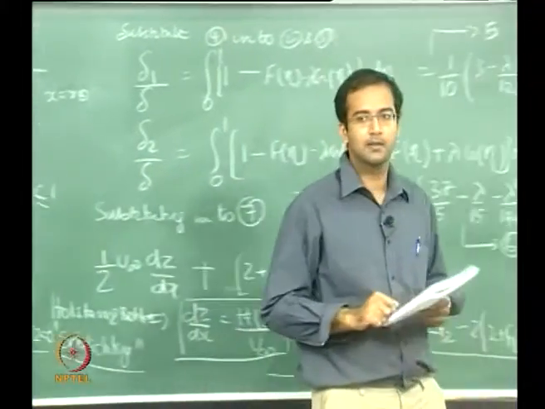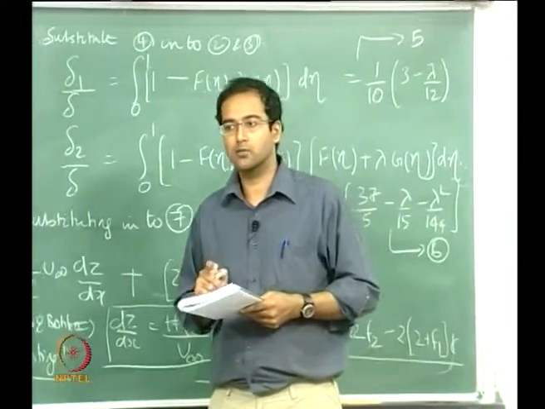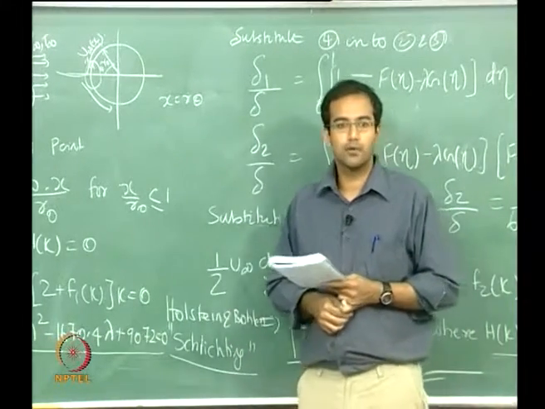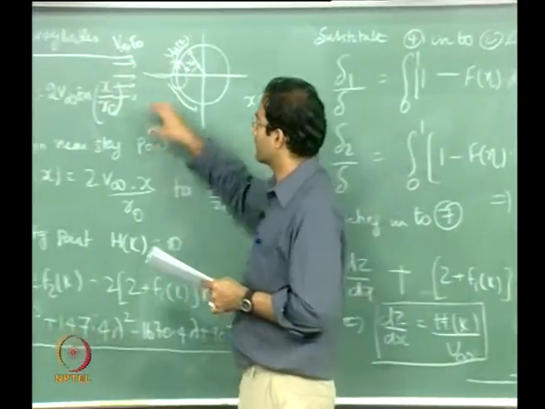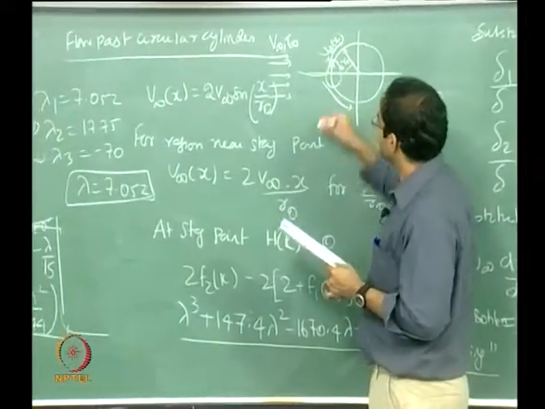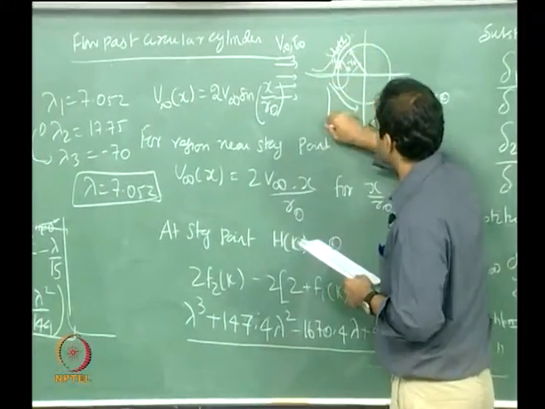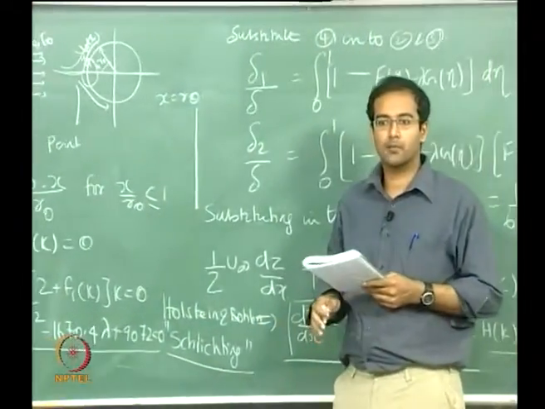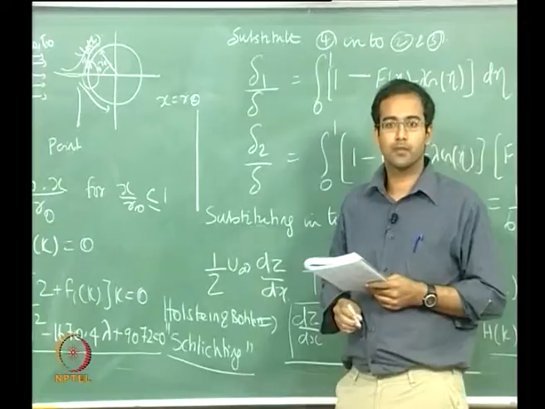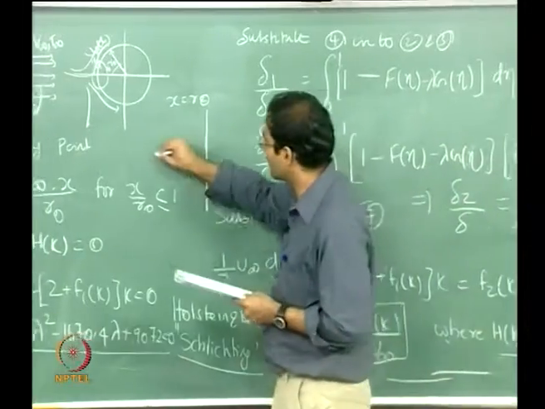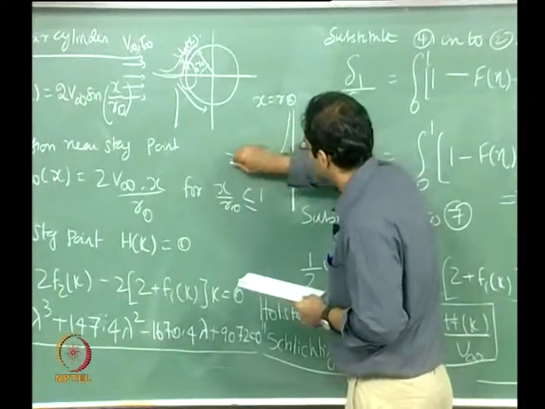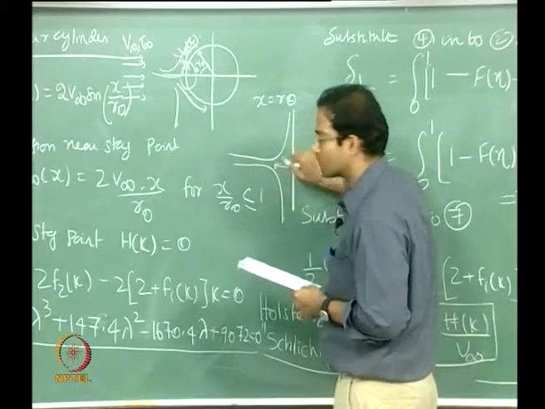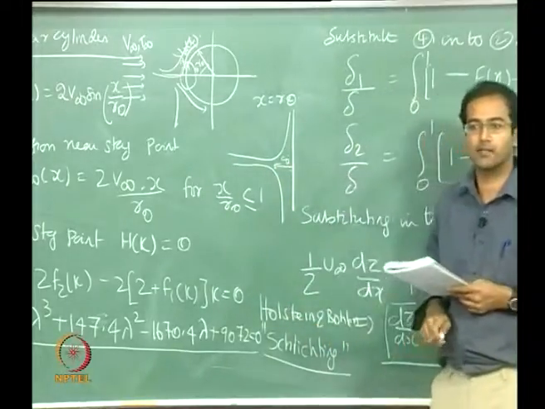Please remember that at the stagnation point also there is a certain value of the boundary layer thickness. Boundary layer thickness is not 0, because here the flow comes like this and it divides like this. If you remember the 2D stagnation flow for the Falkner-Skan wedge problem, where m is equal to 1, the flow comes like this and it bifurcates, and here the boundary layer thickness is not 0 at the stagnation point.